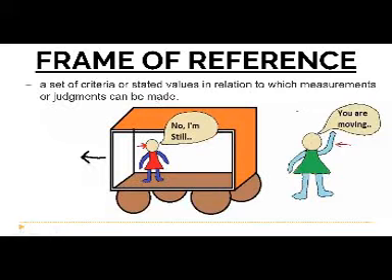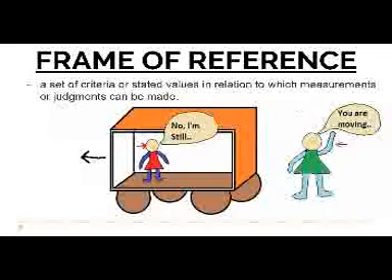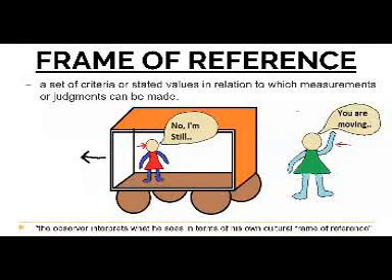So it is a set of stated values or a set of criteria to which you create your judgment or your measurements. And that judgment or that measurement depends on the observation or the interpretation of the observer. So it's based on how the observer interprets.